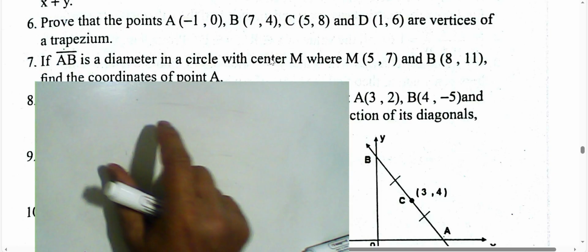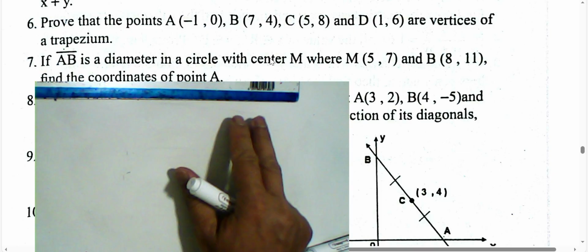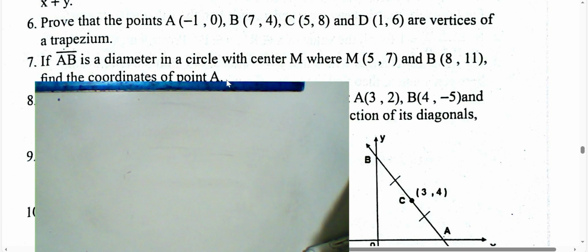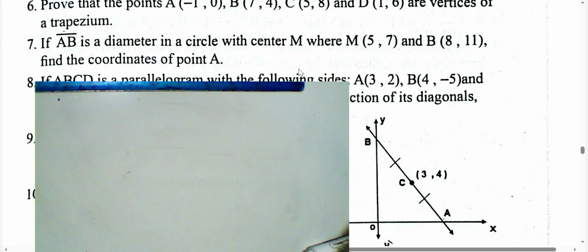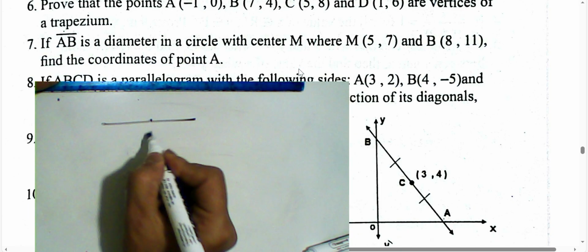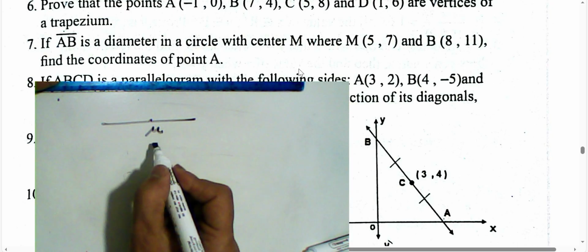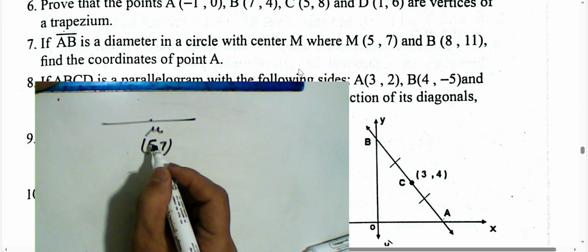Next question. If AB is the diameter of a circle with center M, find the coordinates of point E. M is the midpoint of the diameter of the circle, and M is the center (5, 7).